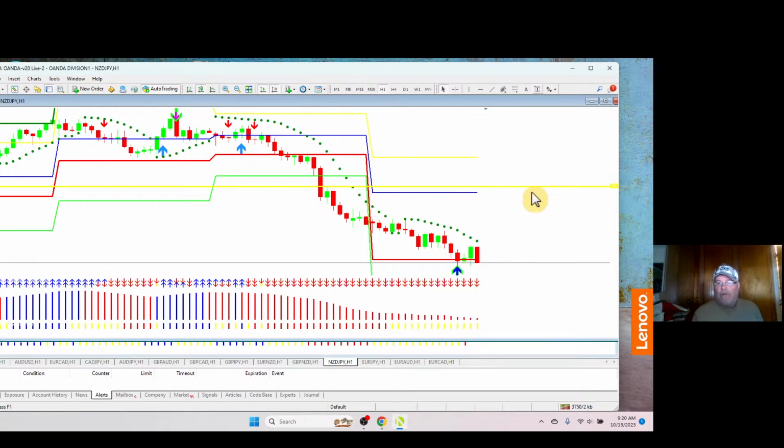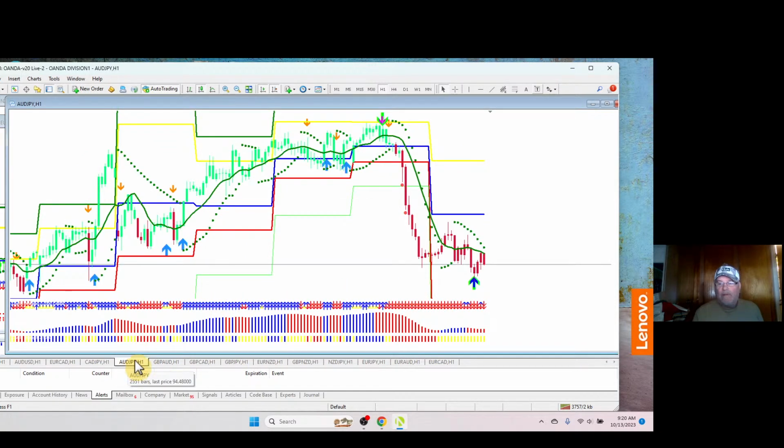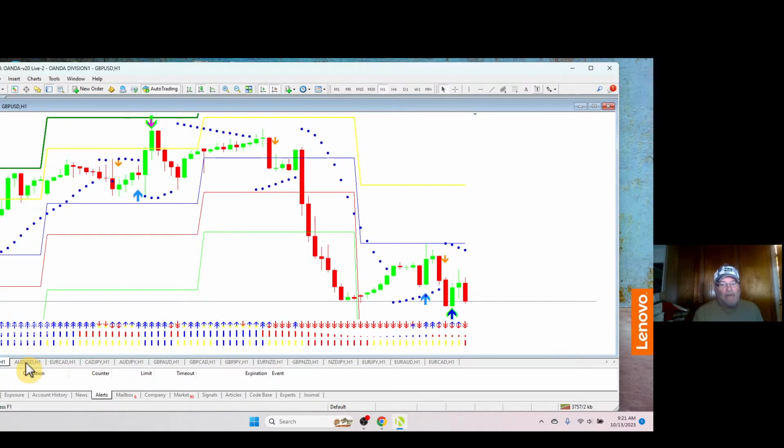I think it was, or we're below the support level too. Euro yen, no. Aussie yen, no. Pound dollar. So if you've got any questions or comments, feel free.